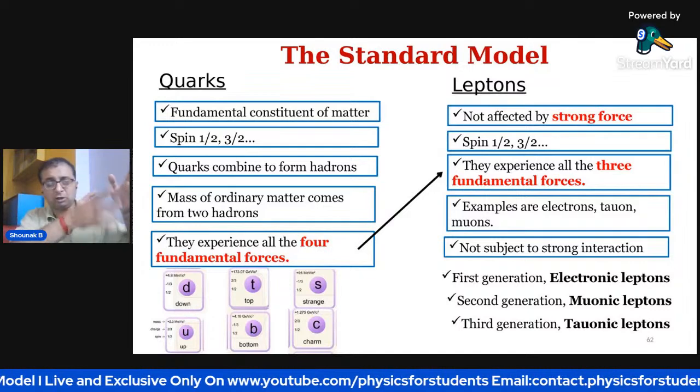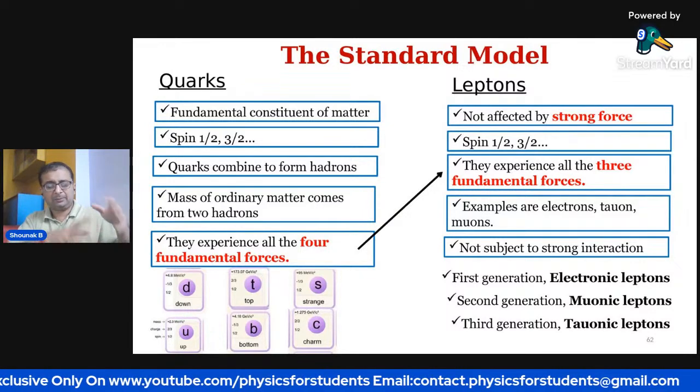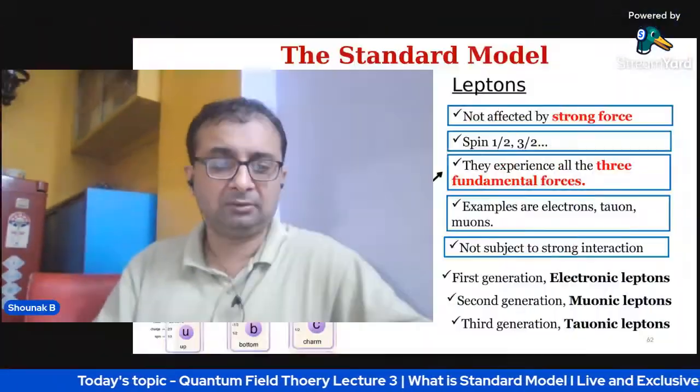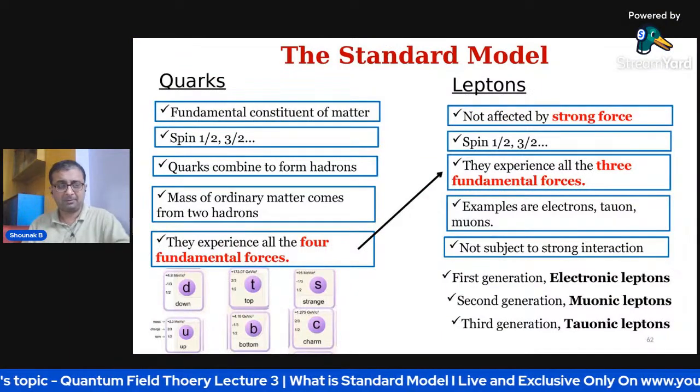Quarks. That means in the entire standard model that we define, out of all of these, the quarks are the only ones that experience the 4 fundamental forces, not any other particle. That is very important for us to remember, right?